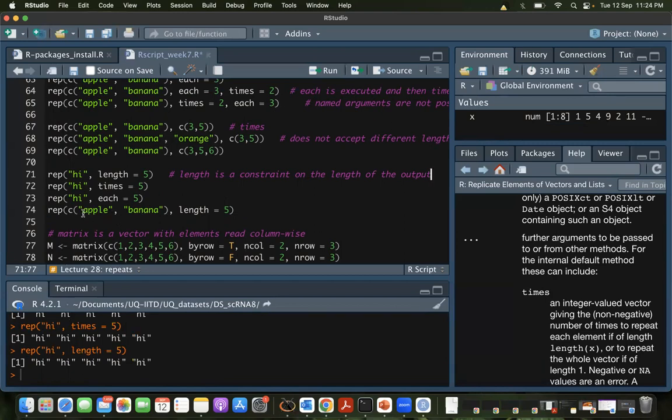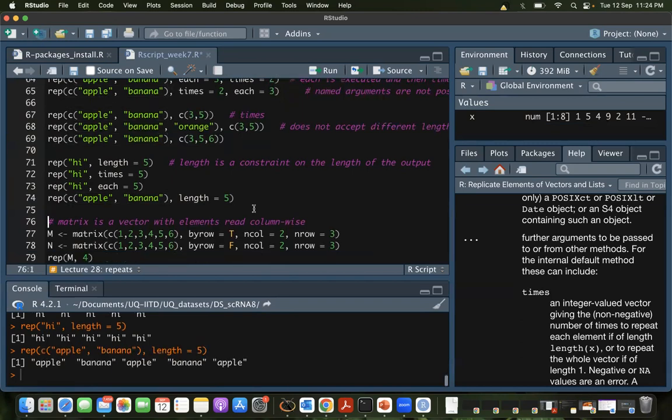So what I'm doing here is saying repeat this thing, taking it as a chunk, but repeat it only until the output has a length of 5. So you see it repeated it once, repeated it twice, and that's it.